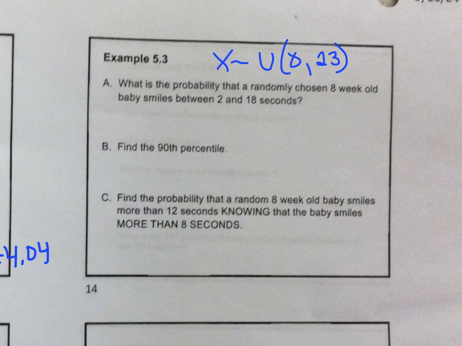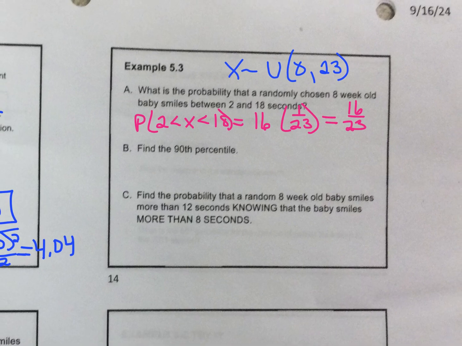We want the probability that X falls between 2 and 18. Okay? So the length there between 2 and 18 is 16, and our y value is 1 over 23 equals 16 over 23. Okay?